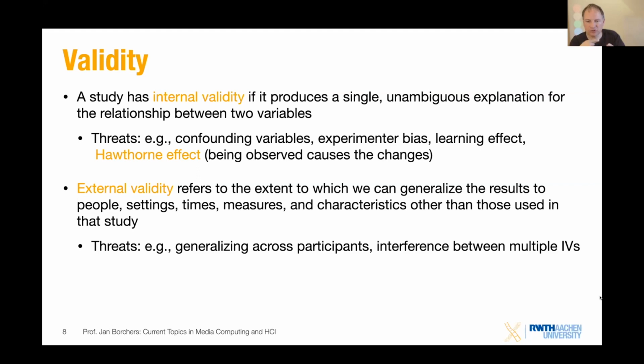But if you look closely, you actually find that there is an interaction between the type of menu and the number of menu items, and that maybe pie menus are only faster than linear menus for menus up to the length of 5, and for menus with more than 5 entries, linear menus end up being the better choice. Right? So those kinds of things are another threat to your external validity.